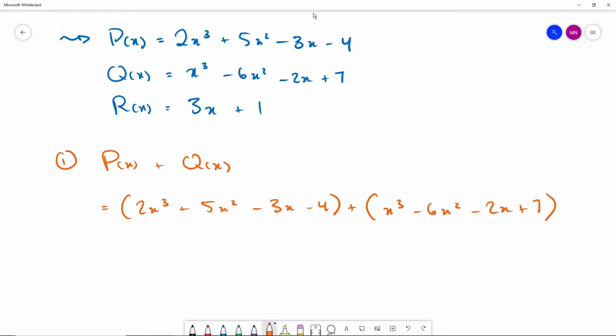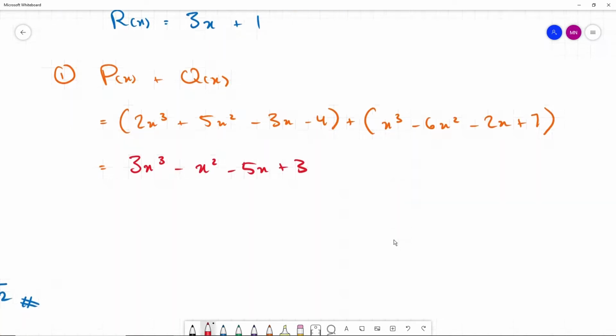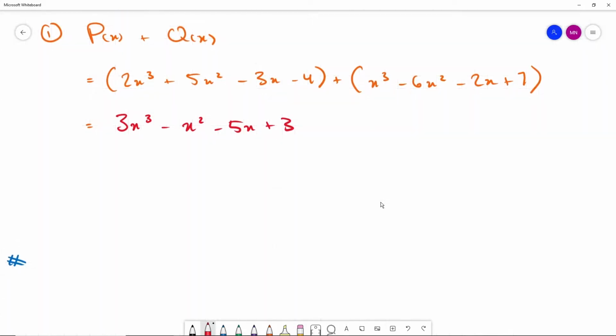From these two polynomials, terms of the same degree can only be added with the same degree, and the same thing goes for the operation of subtraction. So we have 3x to the power of 3 minus x squared minus 5x plus 3. That is an easy one, because you have done this for many years already, right?